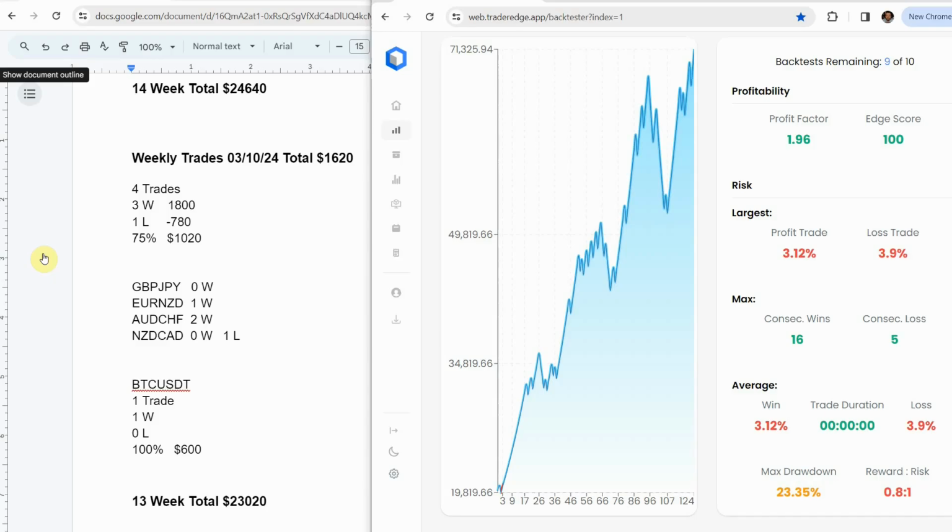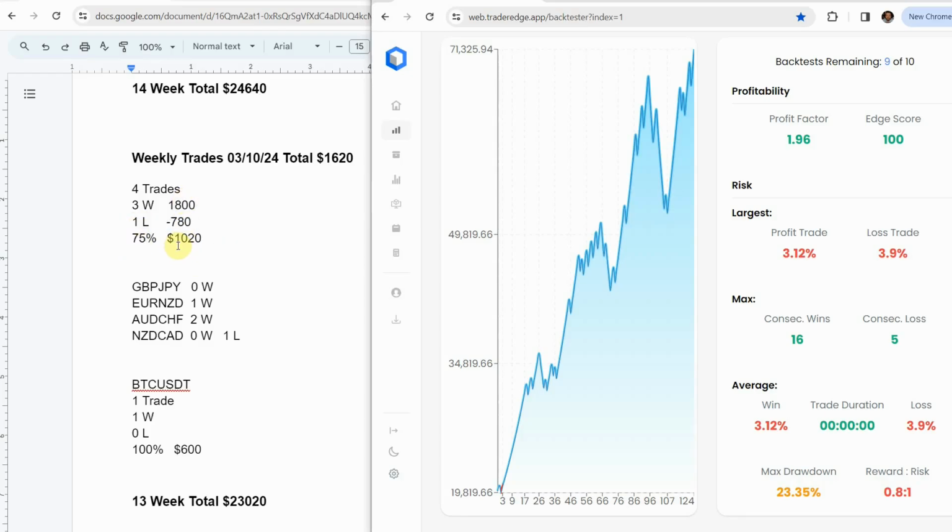Alright, so let's go ahead and go over the weekly signals. So this is using the Academy of Forex indicator on these 4 Forex pairs and this one crypto coin. This is on the 30-minute time frame. Each week we keep track of the trades that we would have taken. And so this last week here on the Forex pairs, we had 4 trades altogether. We had 3 winning trades and 1 losing trade, putting it at a 75% win rate.